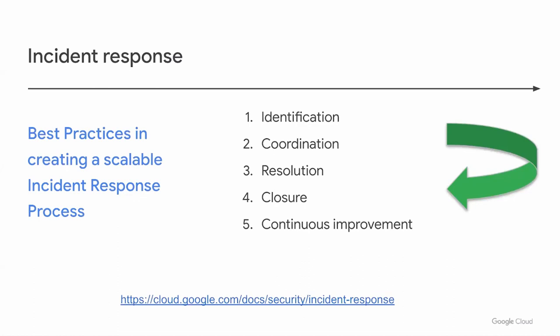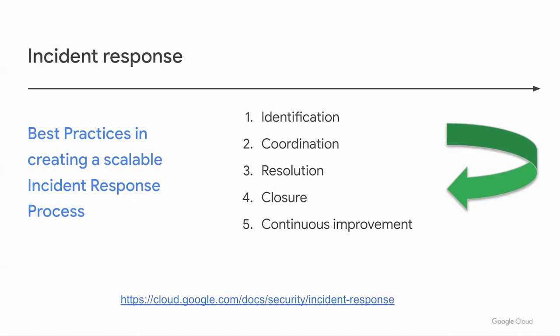Resolution is probably the part everyone is most excited about. So let's get this incident over with, right? And here we cover investigation itself, containment, super important, right? Containment and recovery, as well as the communication. The fourth step in the incident response process is the closure.